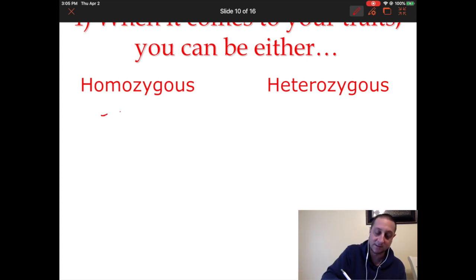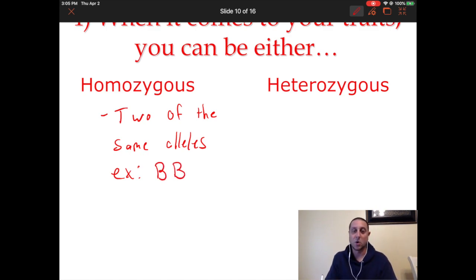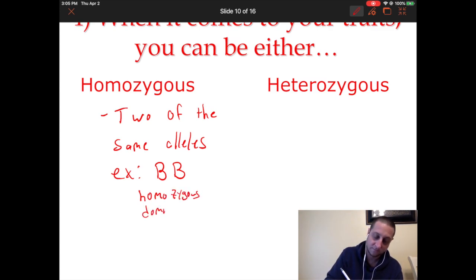So homozygous, 2 the same alleles. An example of that could be in our situation with eye color. That would be big B, big B. That's called homozygous dominant. Or we can have little b, little b.